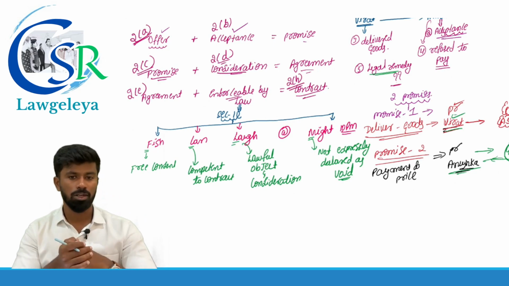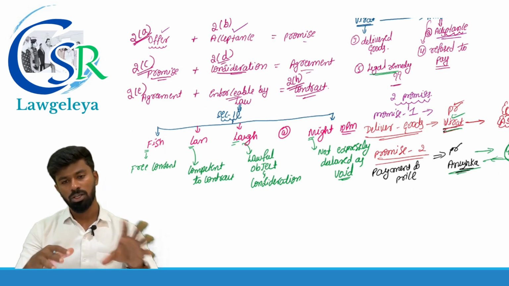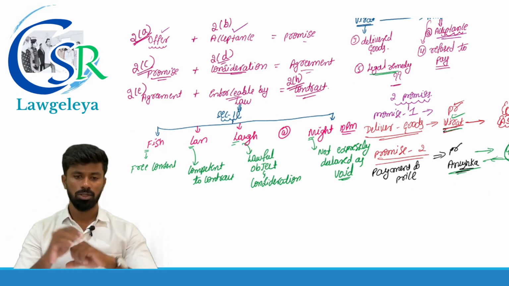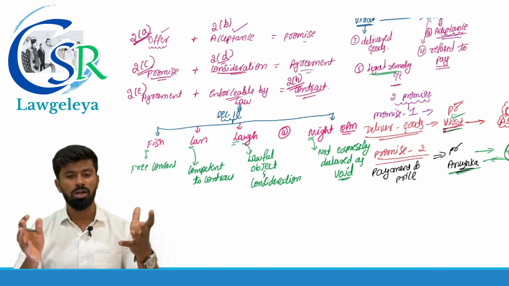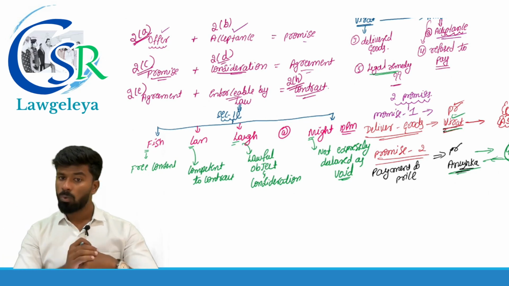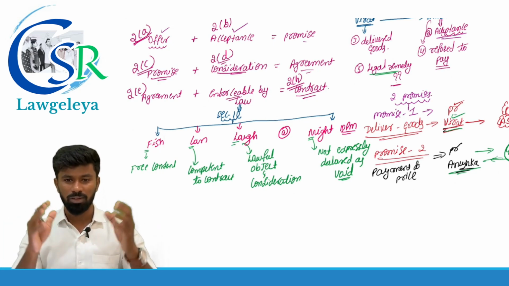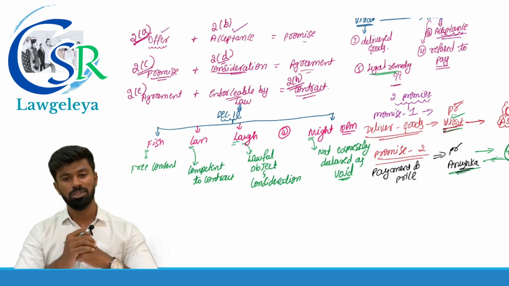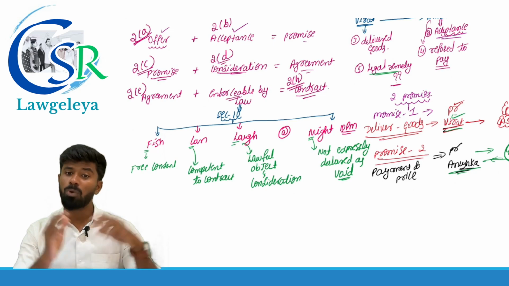2A, offer. 2B, acceptance. 2C, promisor and promisee. 2D, consideration. 2E, agreement. And 2H is contract. So what is contract? Agreement enforceable by law is called as contract. What is agreement? Every promise or set of promises having consideration for each other is called as agreement. And what is promise? An accepted offer becomes what? Promise. And what is acceptance?